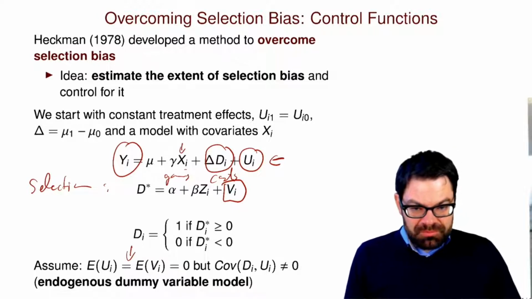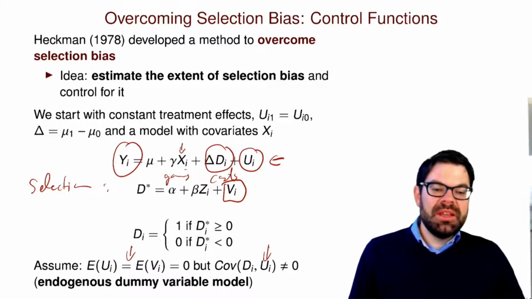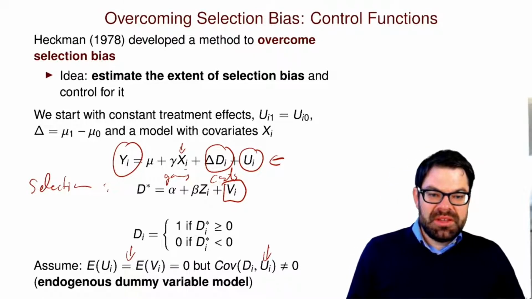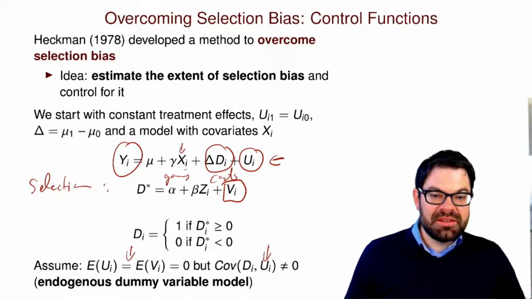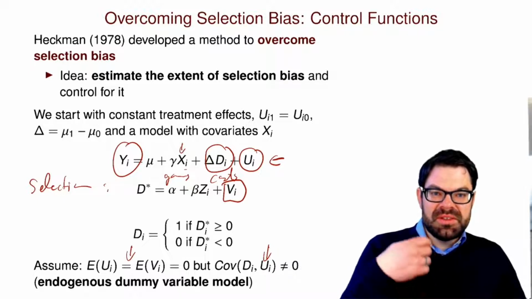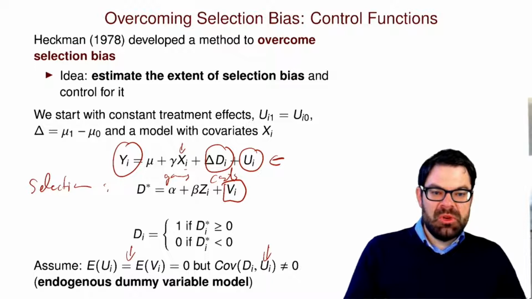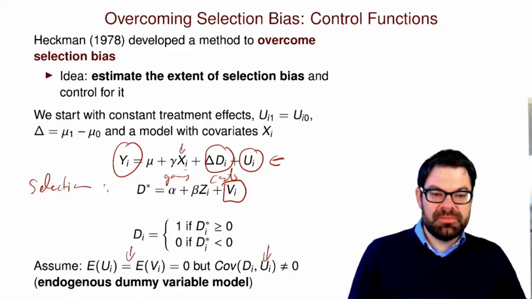But we have a correlation here between the treatment and this idiosyncratic determinant. Okay, so the treatment is not randomly assigned. There are systematic differences between those people who choose to get treated and those who don't.